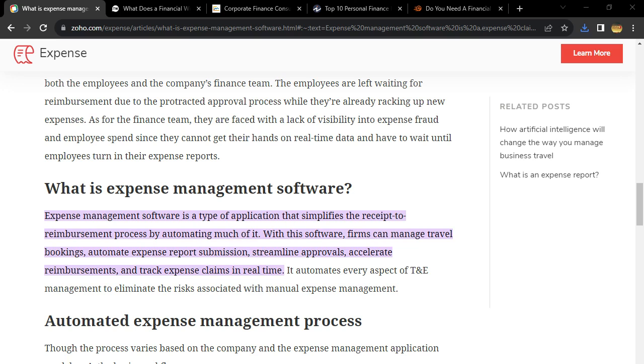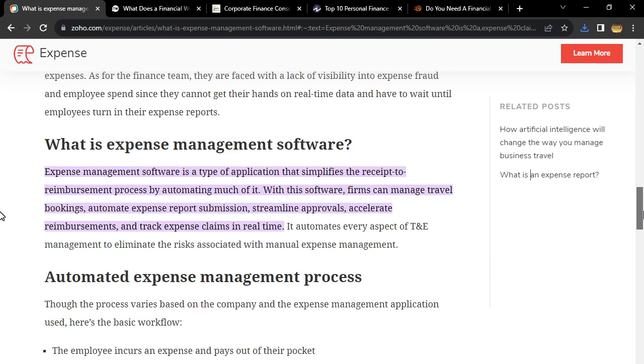With this software, firms can manage travel bookings, automate expense report submission, streamline approvals, accelerate reimbursements, and track expense claims in real time. It automates every aspect of T&E management to eliminate the risk associated with manual expense management.